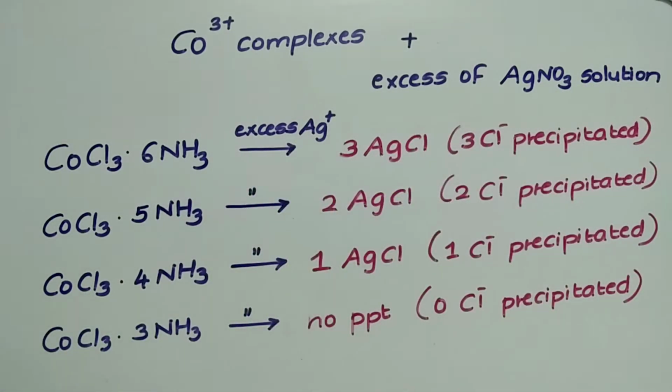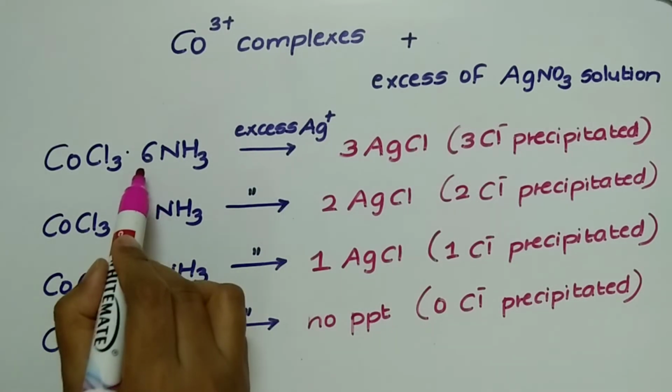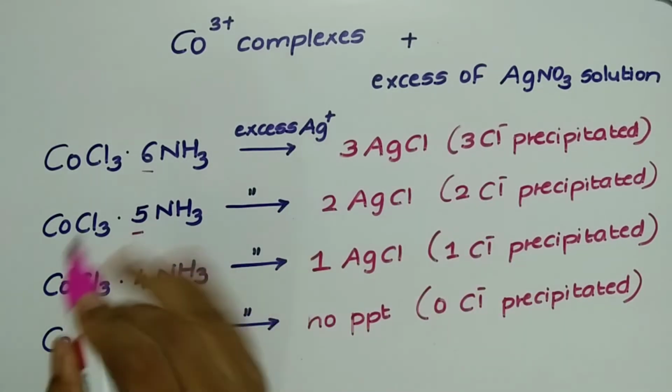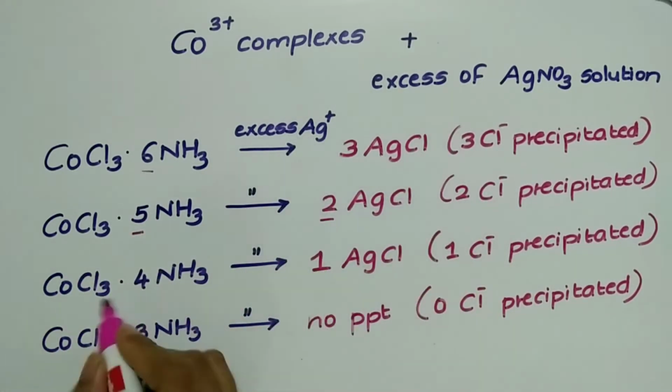What was the precipitation formed? AgCl. You can see, the more NH3 we take, 3 AgCl. 5 NH3, less NH3, 2 AgCl. 4 NH3, 1 AgCl. 3 NH3, no precipitate at all, right?